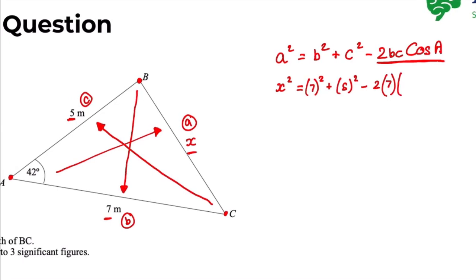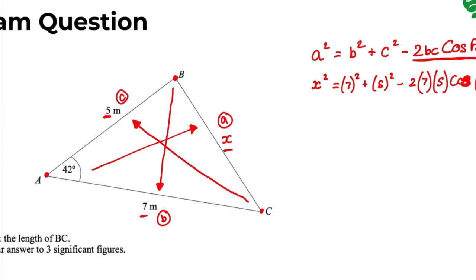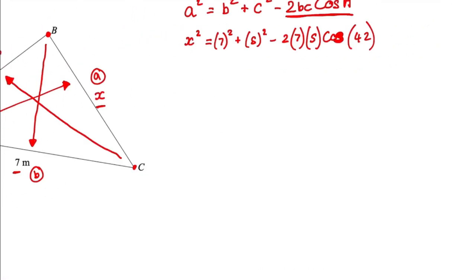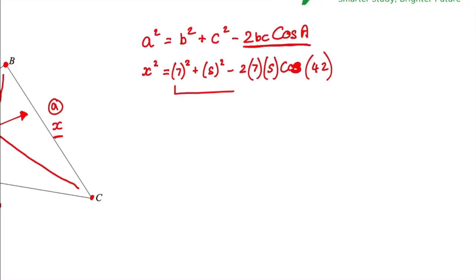Lowercase c is 5. And then you're going to have cos a, which is 42. Okay, so what we're going to do is type this as it is into our calculator.